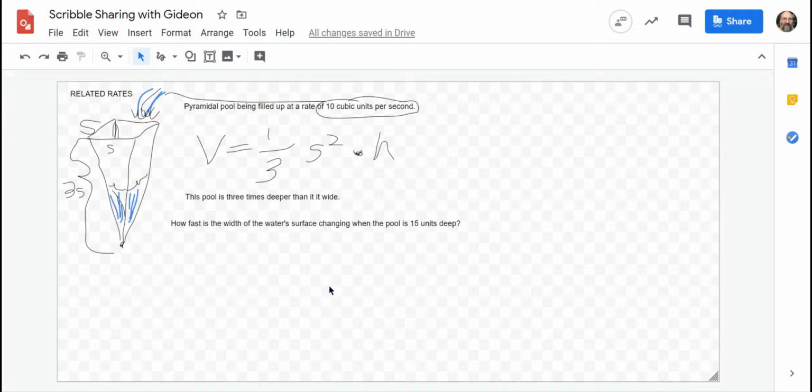How fast is something changing, right? How fast is the width of the water's surface changing? They want ds dt, right? S is defined as the width, so they want ds dt. When the pool is 15 units deep, so that's h equals 15, right? They are giving us h equals 15.